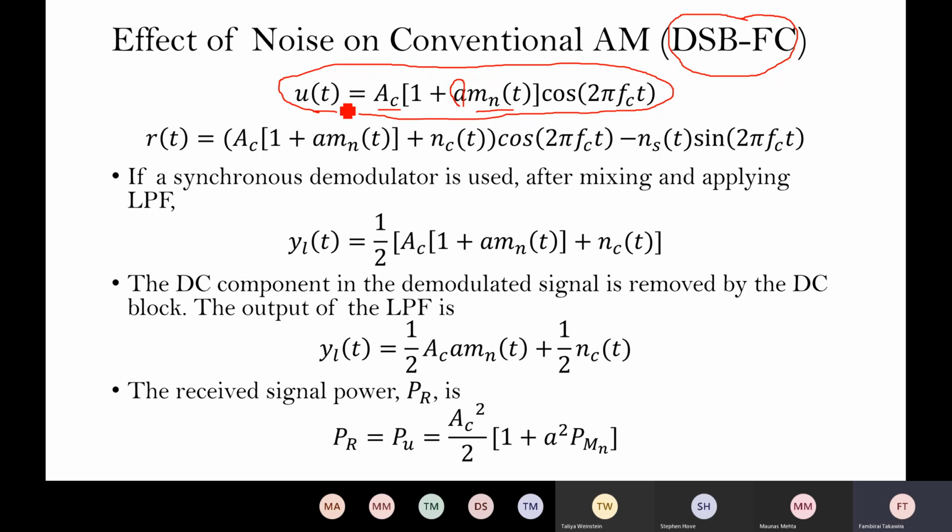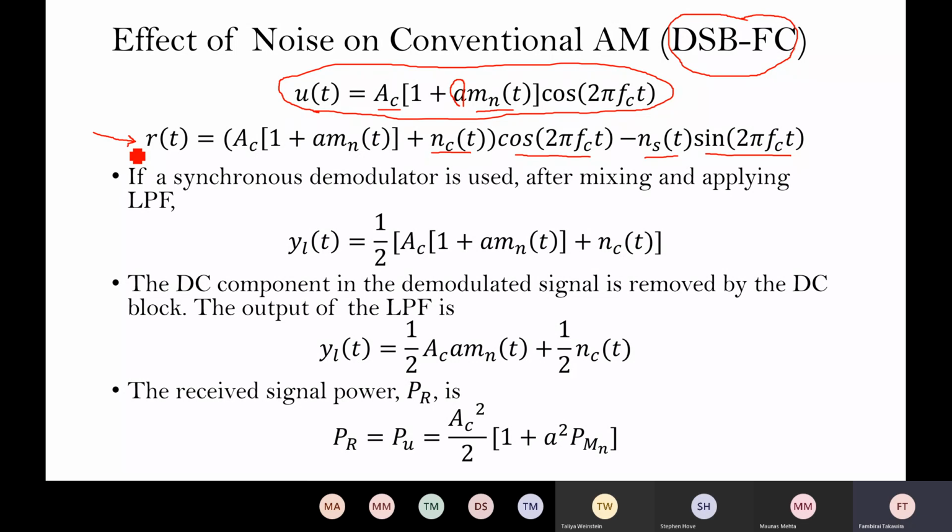The received waveform in the presence of noise would be simply u of t plus n of t, where n of t is narrowband noise represented by n_c cos minus n_s sine, which is the quadrature representation of narrowband noise. So u of t plus n of t can then be written as r of t, our received signal.